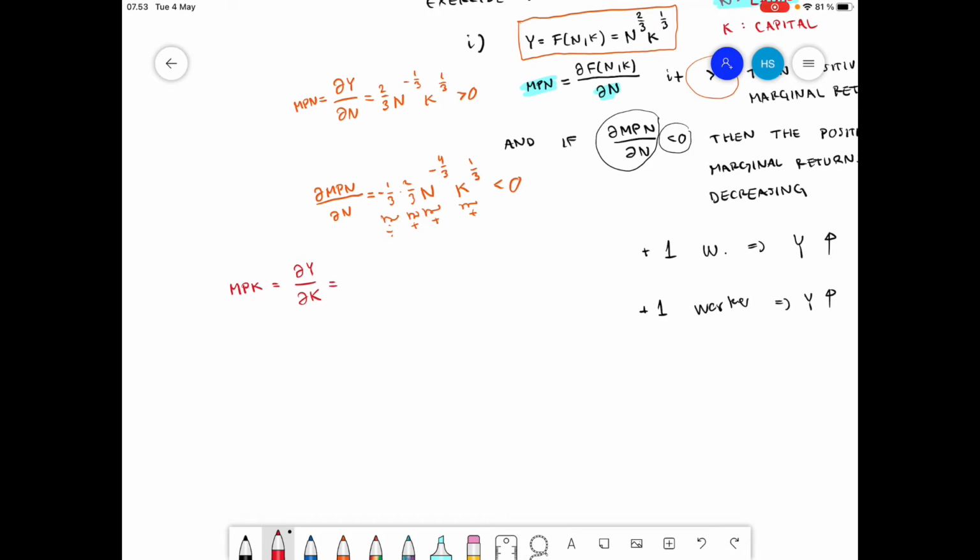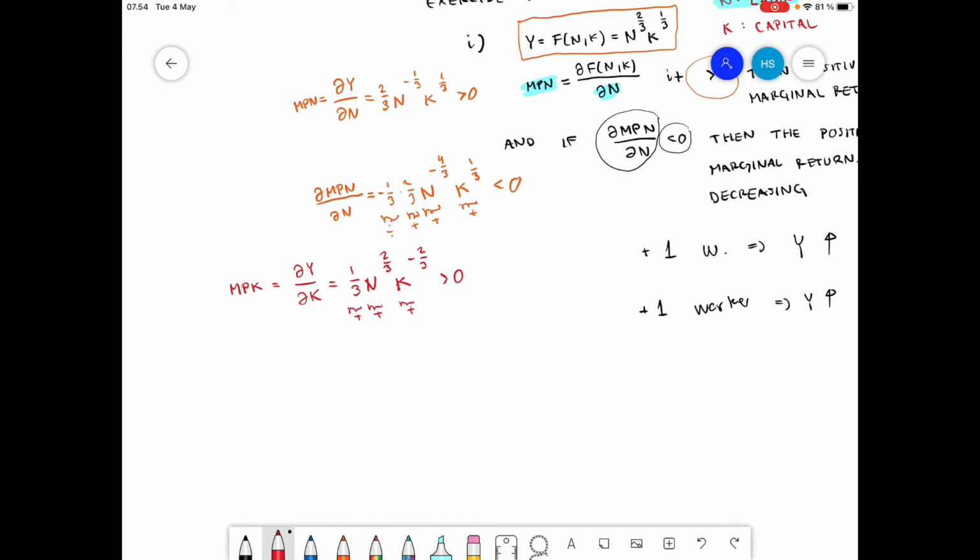We take down the exponent 1/3, multiply by n to the power of 2/3 times k to the power of 1/3 minus 1, that is minus 2/3. 1/3 positive, positive. This expression is positive as well. So the marginal product of capital is positive.